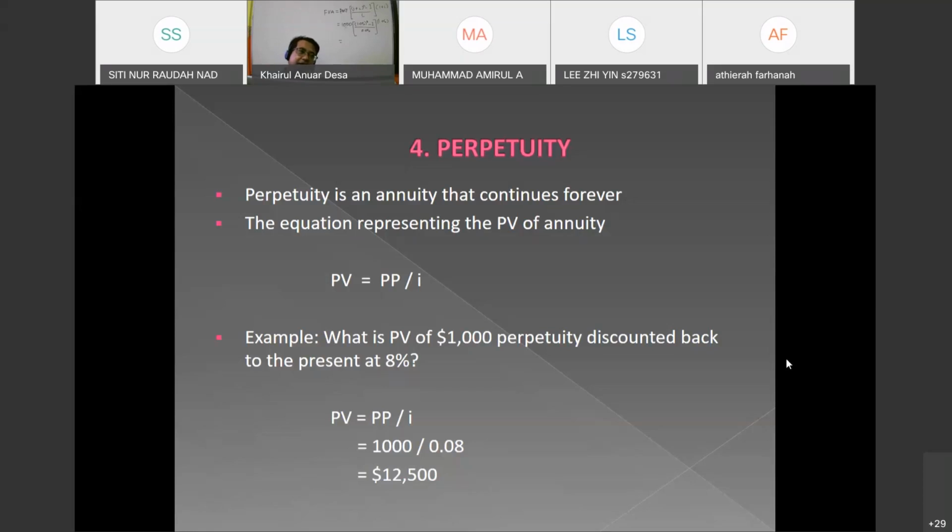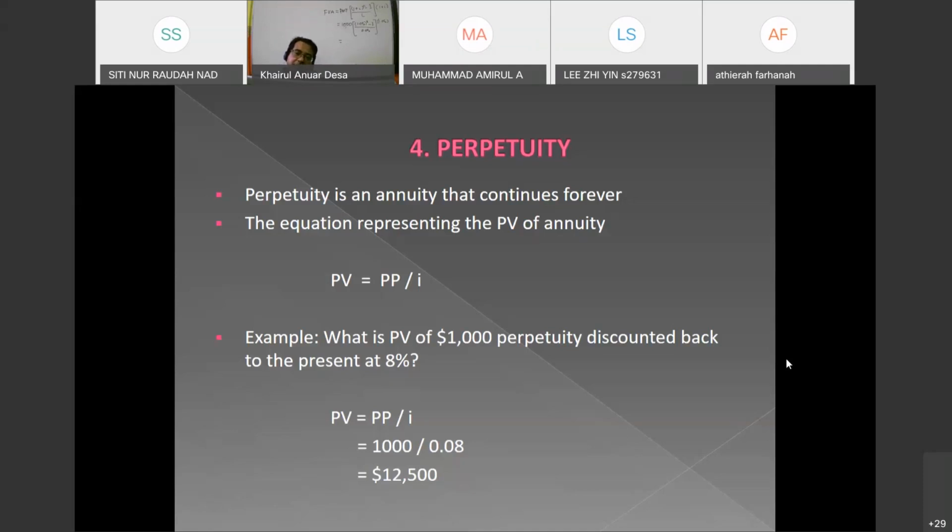Atau kita hidup lagi 50 tahun after pension. Okay, so 5 tahun ke 50 tahun kita terima pension. That's why the annuity did not set a time limit, okay, for the perpetuity.